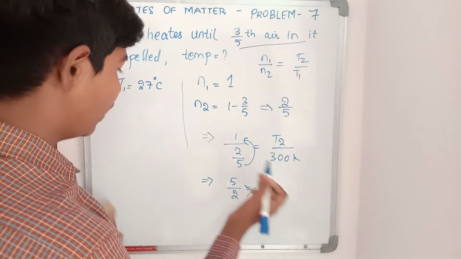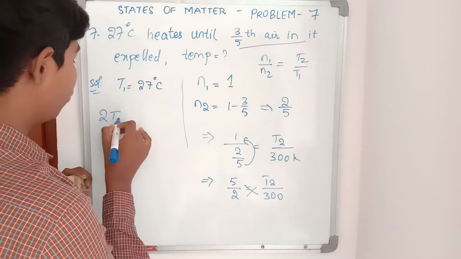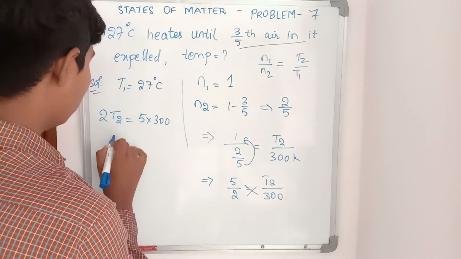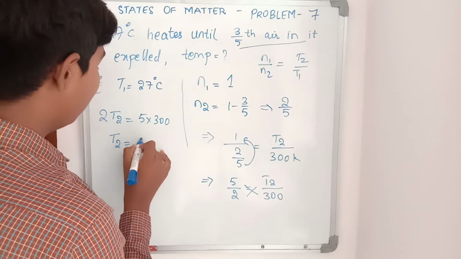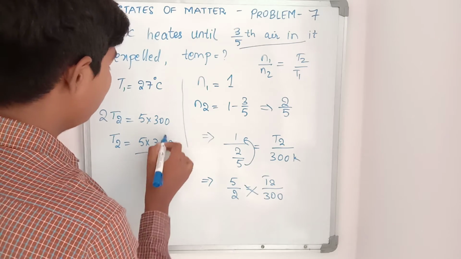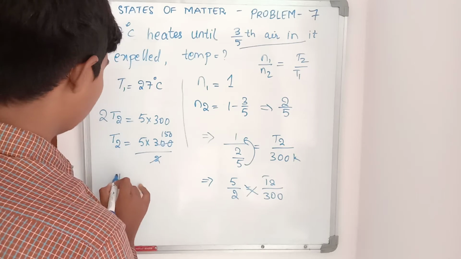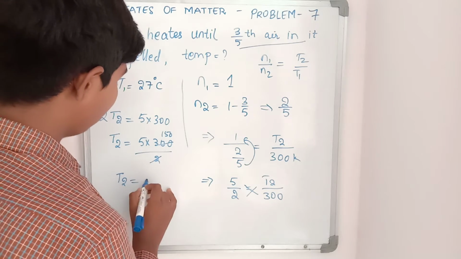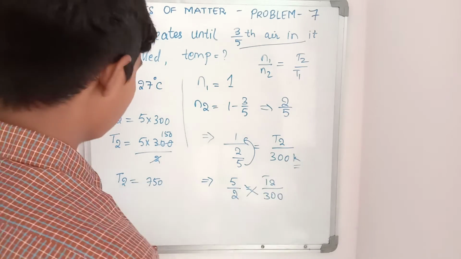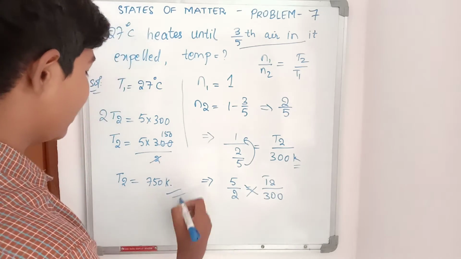Cross multiplying, 2 into T2 is equal to 5 into 300. So T2 will be 5 into 300 by 2. Two ones are two, 150s are 750. That is, temperature T2 is equal to 750. As we have taken temperature in Kelvin, we get 750 Kelvin as the answer.